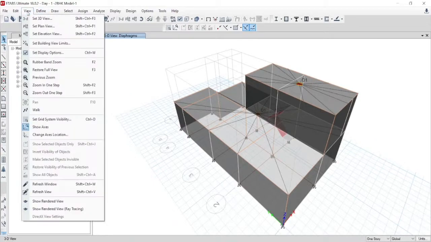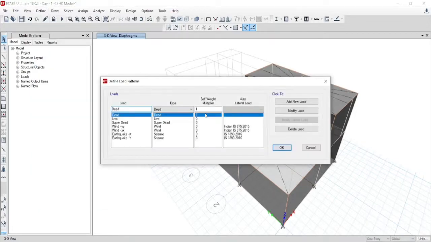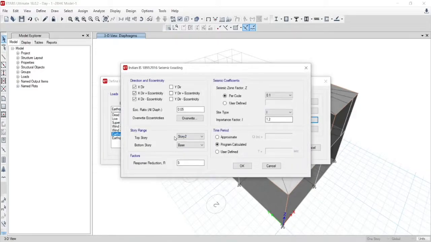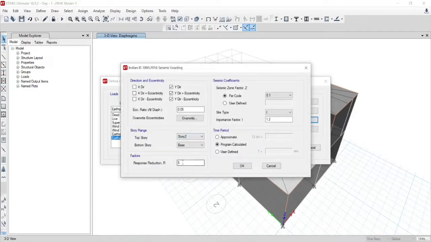We have to implement it in Define, Load Pattern, in x direction, Modify, and the response reduction factor we have to take as 3, also in y direction. The response reduction factor should be 3.